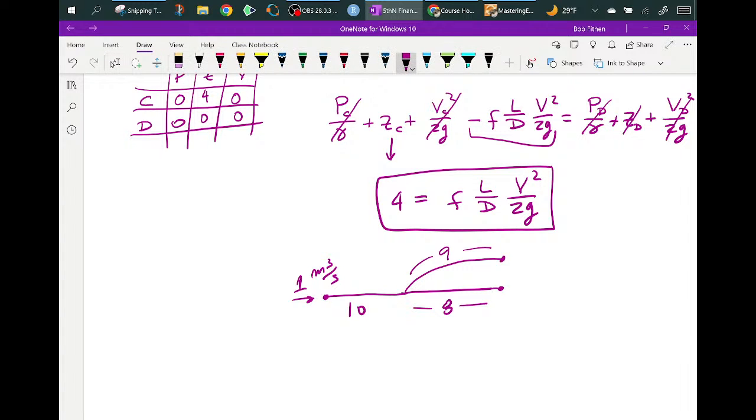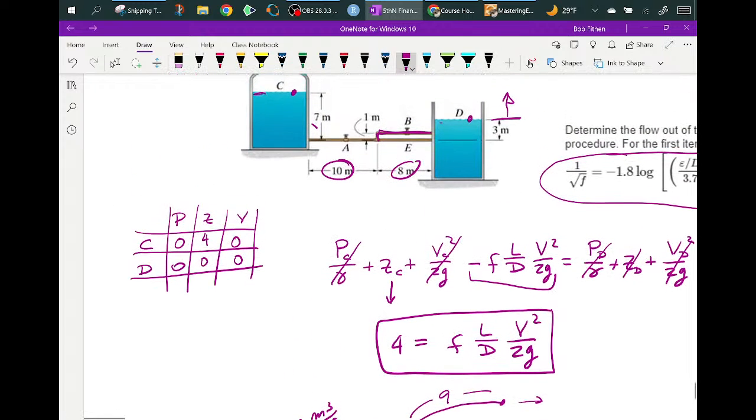There might be a different flow rate through one than the other. How do we address that? This problem may be too much for us right now, but this is the same pressure on each pipe.